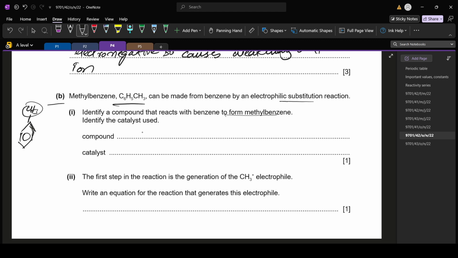So the compound must be CH3Cl or CH3Br. You can use that as well, but CH3Cl is an ideal choice. Okay, so chloromethane, and the catalyst which is used is AlCl3, or you can say aluminum chloride.